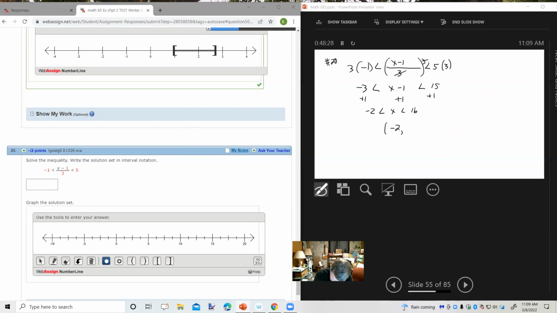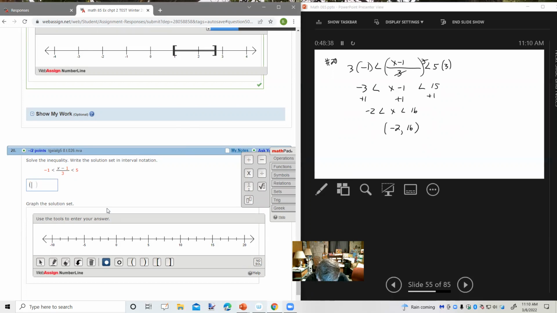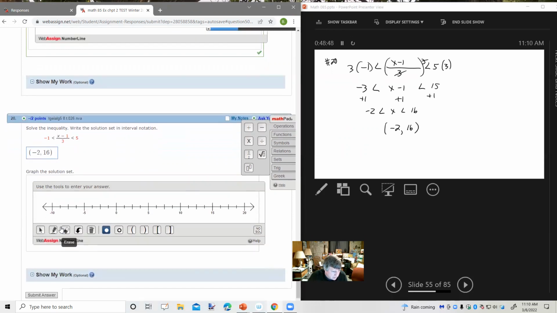So parentheses, negative 2, comma, space 16, close parentheses. Okay. And then, let's see, parentheses at negative.